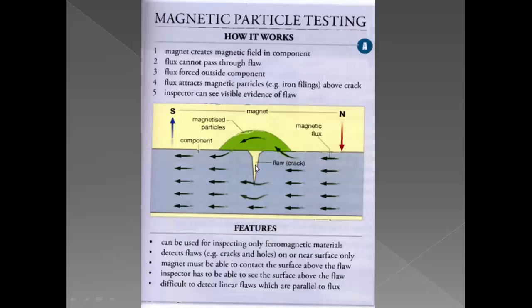Then the magnet must be able to contact the surface above the flaw, so there should be contact between the material and the magnet. And the inspector has to be able to see above the flaw. It is difficult to detect linear flaws which are parallel to the flux. All these features are important to implement the magnetic particle testing method.